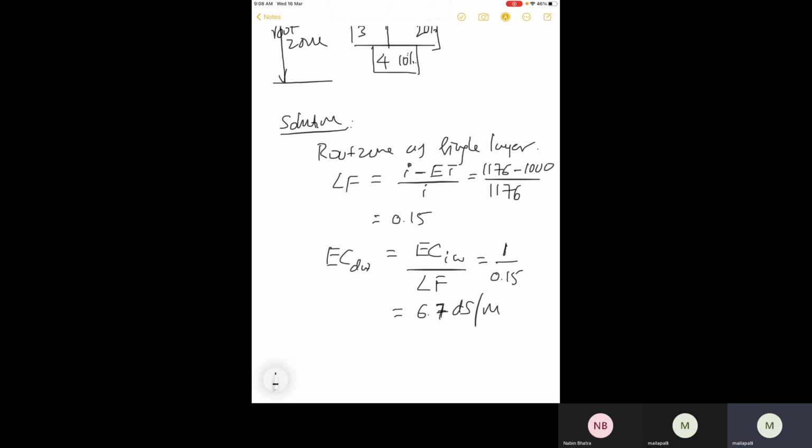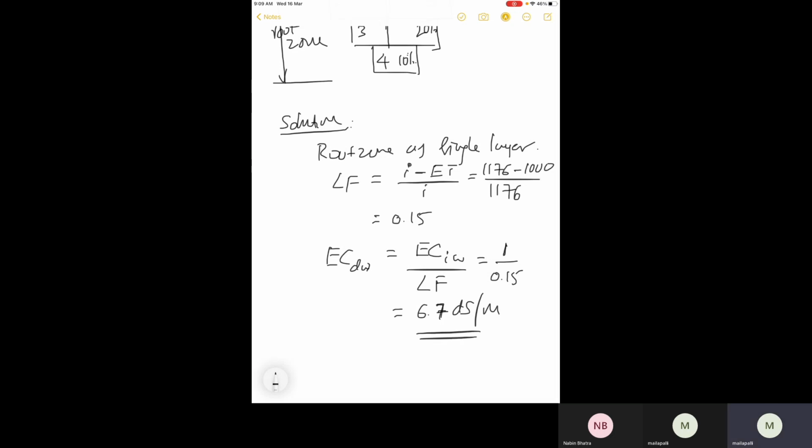If you apply irrigation water with 1 decisiemens per meter salinity, and there is an evapotranspiration of 1000 and an input of irrigation water of 1176 mm, the soil salinity caused by the irrigation water in the soil would be 6.7 dS per meter.